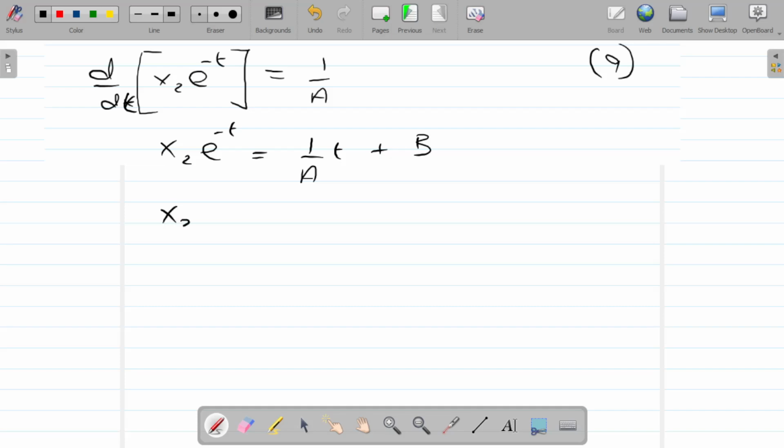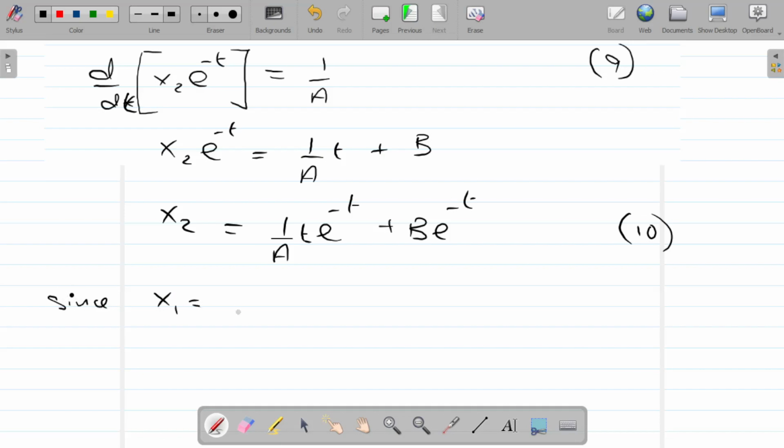So x2 is equal to 1 over a t e to the minus t plus b e to the minus t. Now we know, well, first of all, we'll call that equation 10. We know that since x1 equals a e, in fact, I have to look because I can't remember.